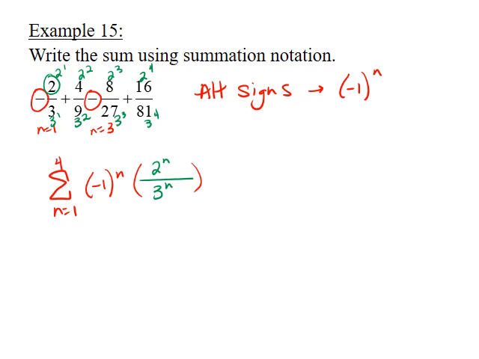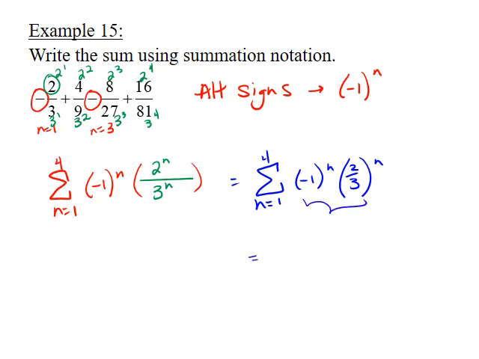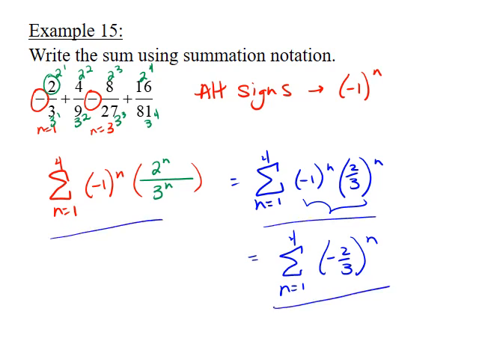Well, you can write it this way, or you could say that this sum is equal to negative 1 to the power of n times 2/3 to the power of n. Or you can group these together and write this as negative 2/3 to the power of n as well. Any of these 3 answers would suffice.